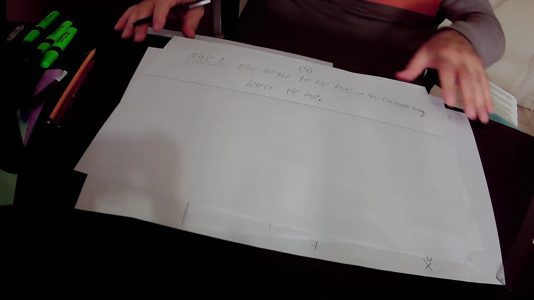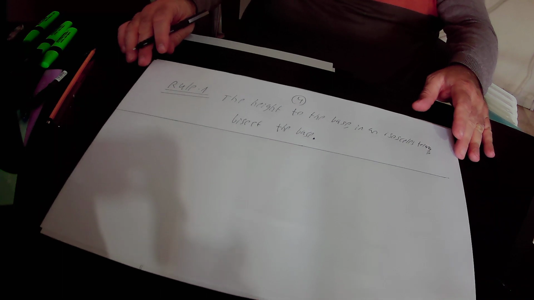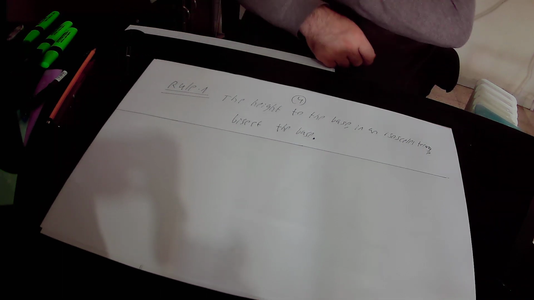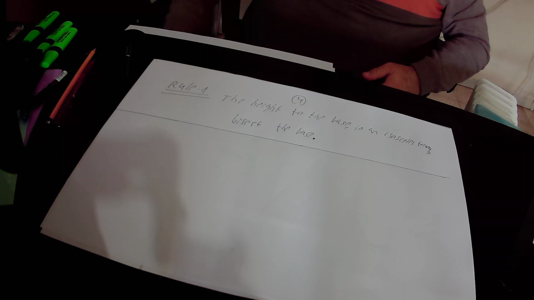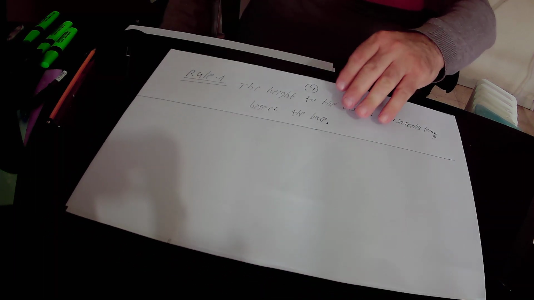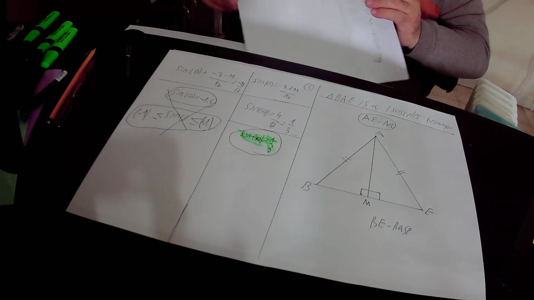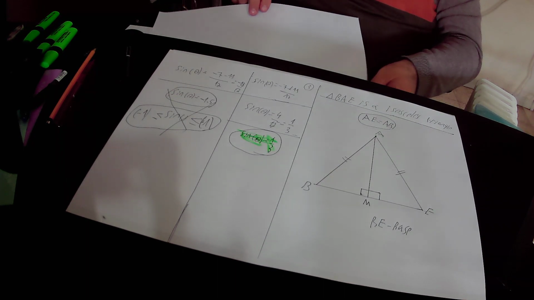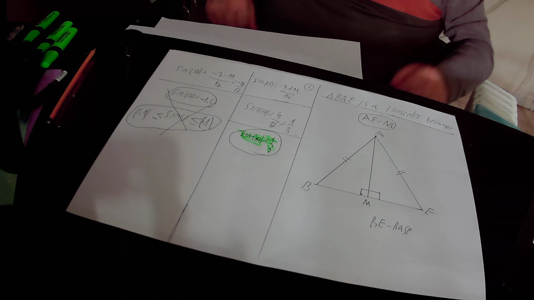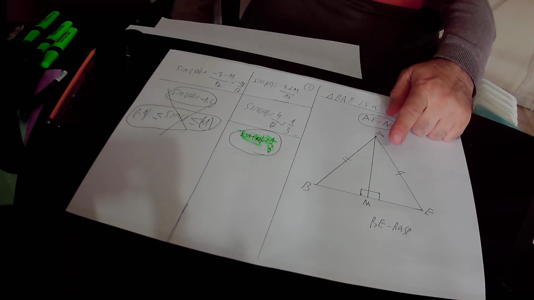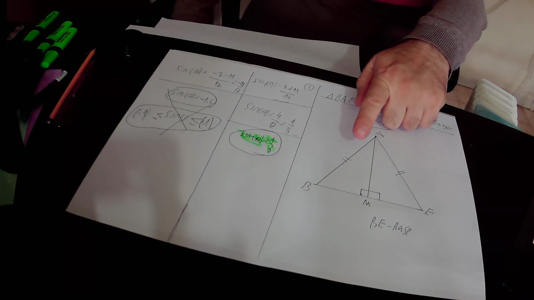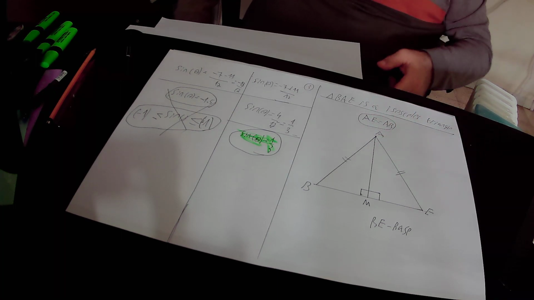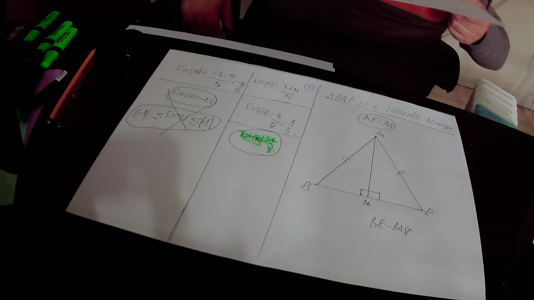I will read rule number 1 again. According to rule number 1, the height to the base in an isosceles triangle bisects the base. So here we have the height AM to the base BE bisects the base BE. That is to say, BM equals ME according to rule number 1.